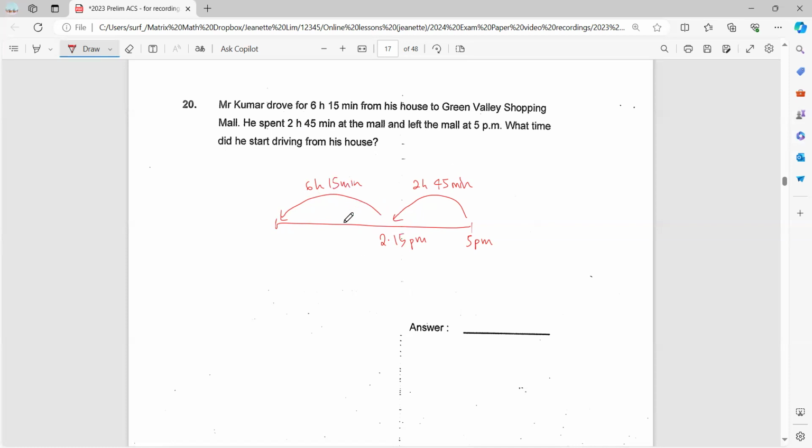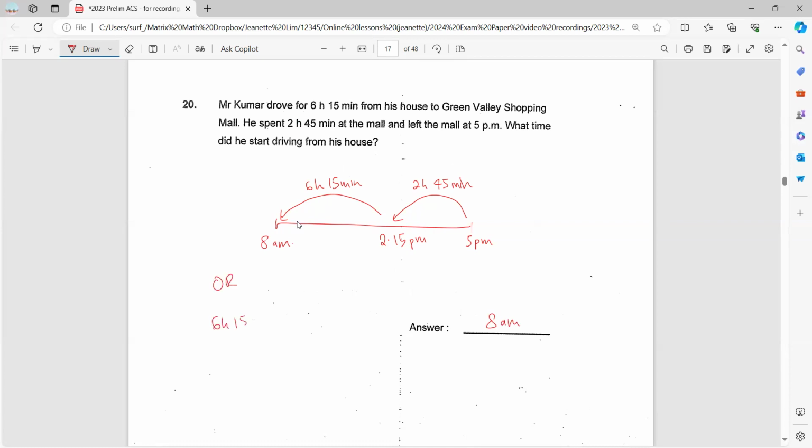So 2 p.m., you go back by 6 hours. 2 hours to go back to 12, and another 4 hours to go back to 8 a.m. So answer 8 a.m.